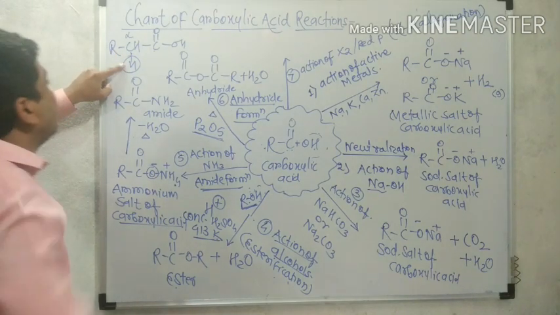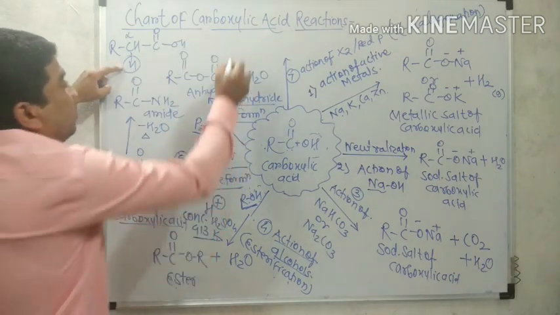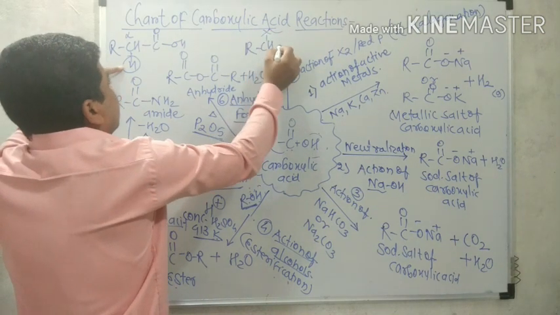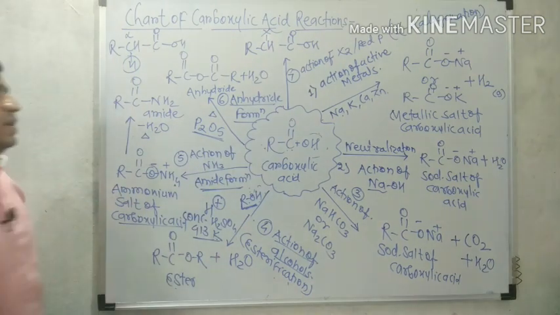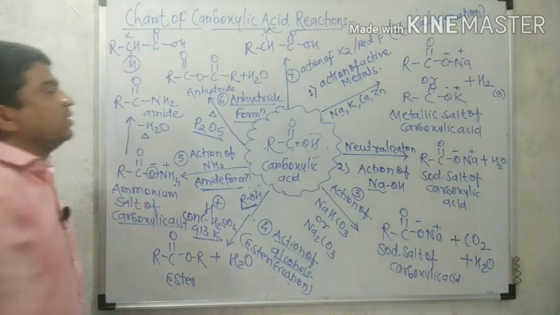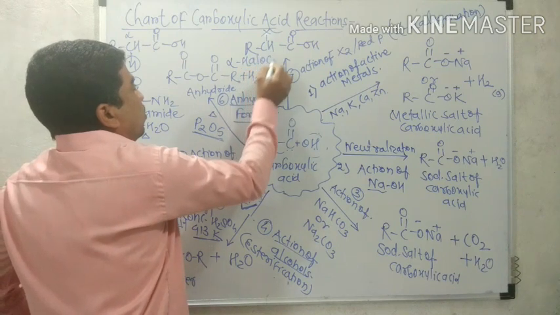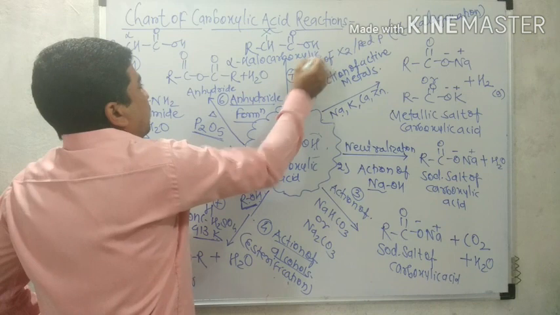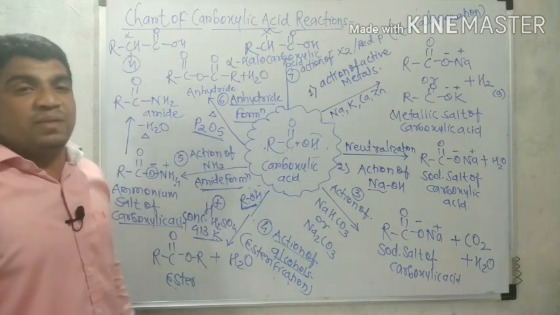Therefore, what happens when this hydrogen is replaced by an X atom? We obtain RCHXCOOH. RCHXCOOH is alpha halo carboxylic acid as the main product.